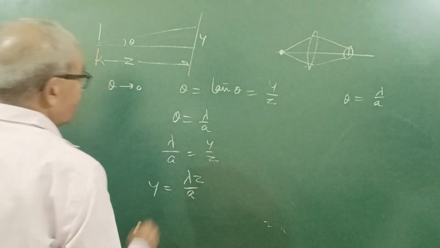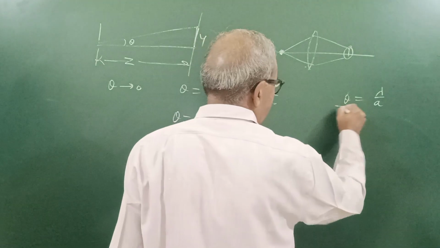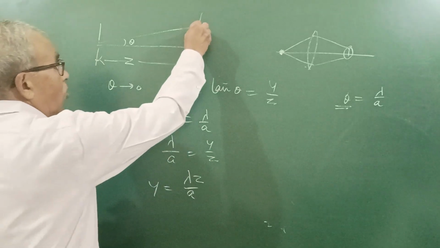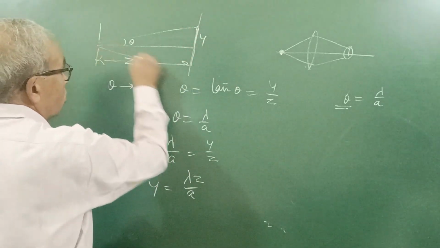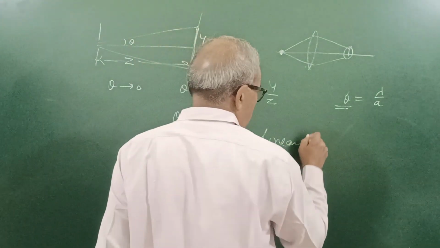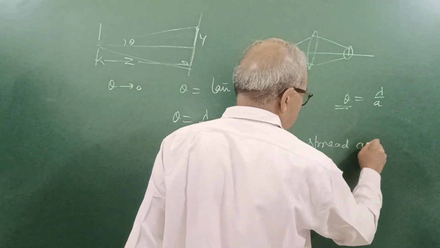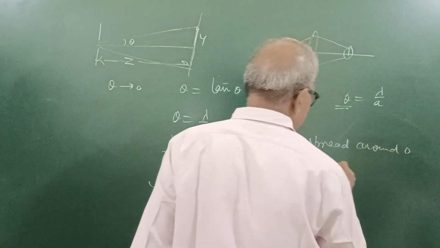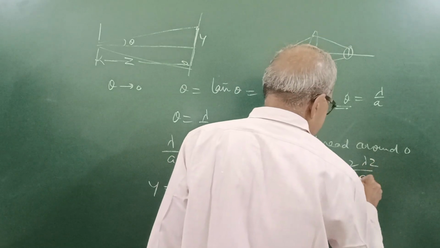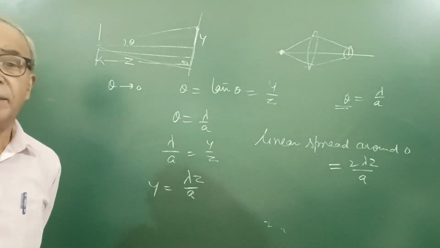So the larger the distance, the wider is the linear spread. Theta is the angular spread, and with the help of theta we can tell how much it is, y this way and y this way. So the total linear spread around O will be 2 lambda z upon a, where z is the distance of the screen from the slit.